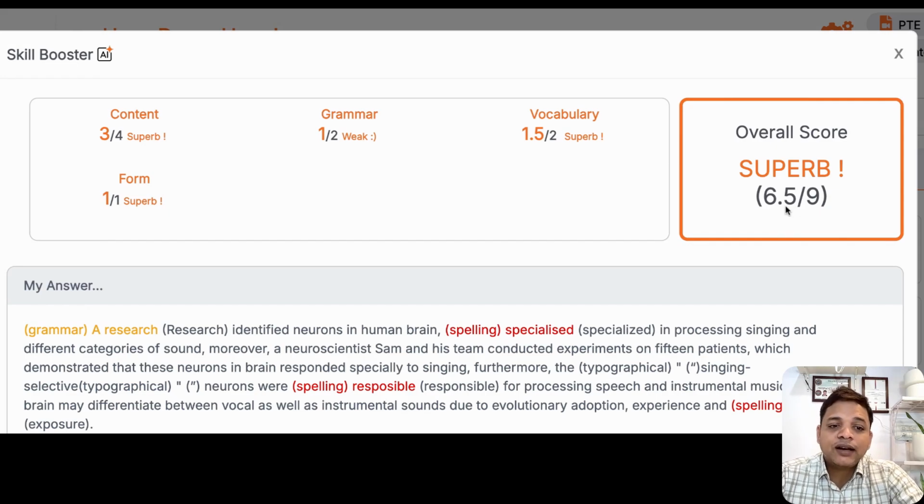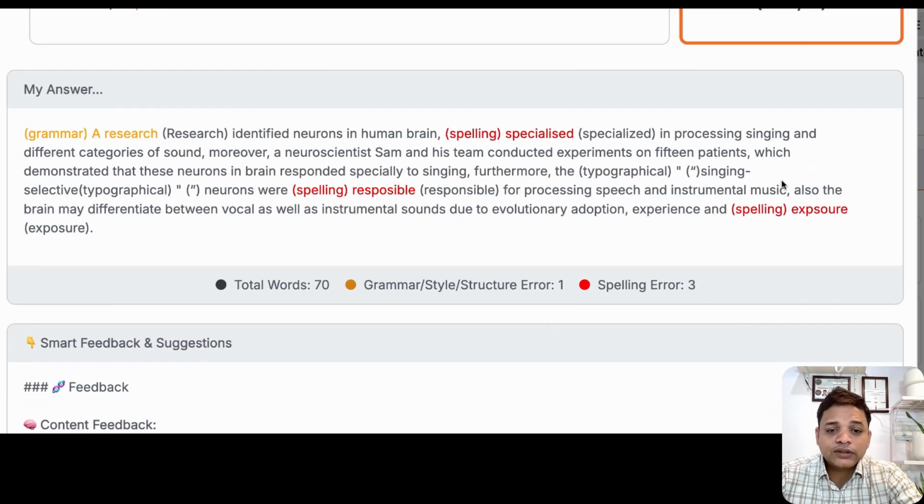If it is slightly lesser than 9, let's say 6.5, you can proportionately calculate, right? If 9 is 12.5 in writing and 10.5 in reading, what is 6.5? So you can accordingly, proportionately calculate and get the score. All right. So this is the score thing.